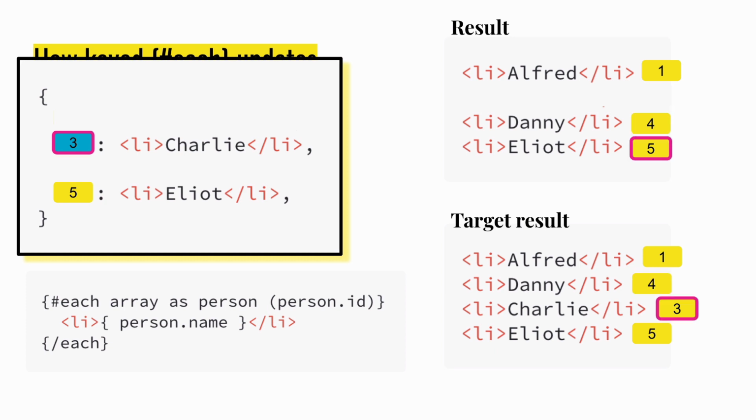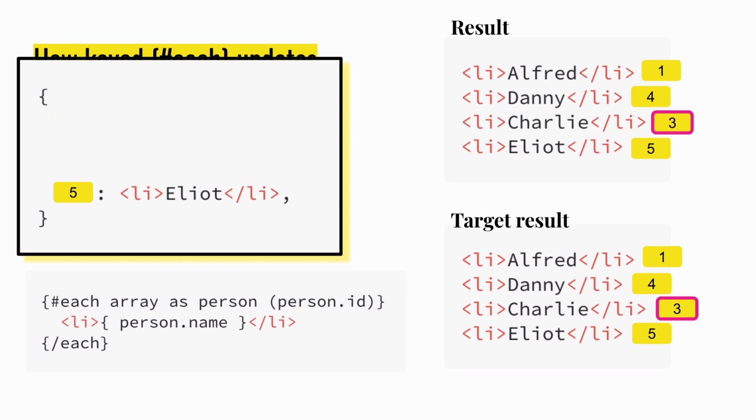and let's take a look at the next element we want to render, which is key number 3. And what we have instead is key number 5 on the screen, which is not what we want. But let's take a look at the mapping. Right, mapping wise, we have key 3 with a Charlie, right? A reference to a DOM element called Charlie. So we insert that in.